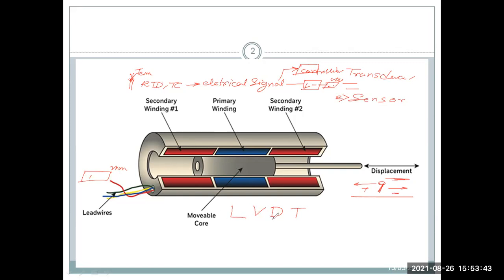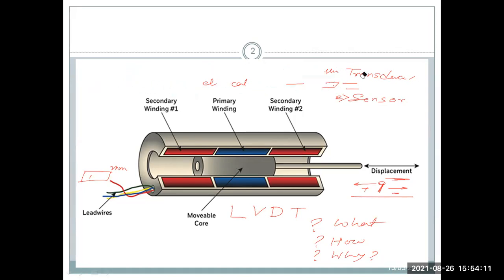Whenever you get this LVDT, you may ask what is LVDT, how it is working, and then why, means where it is applied, what is the application. So in this way we can learn a device or a system very easily.